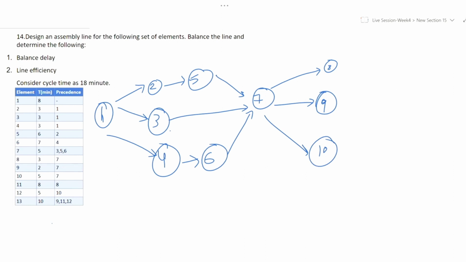Element 12 is preceded by 5. And element 13 is preceded by 10.